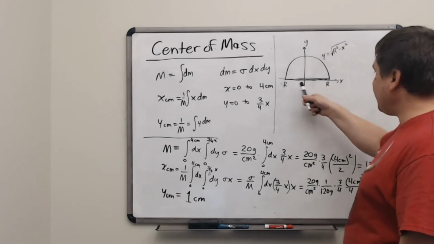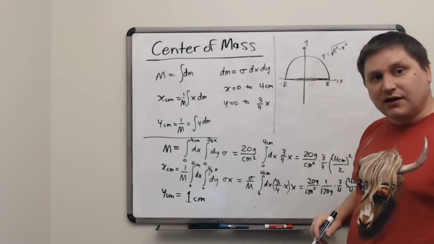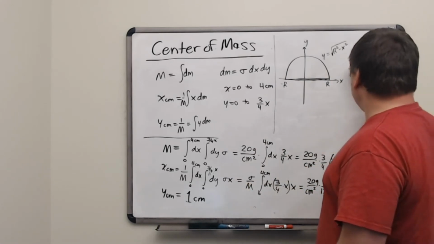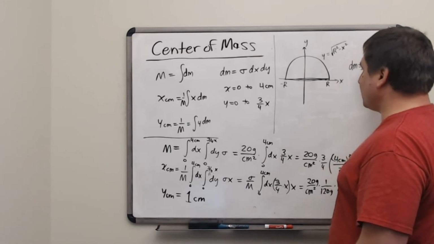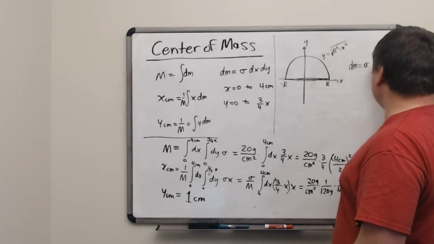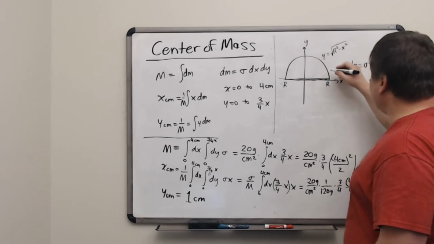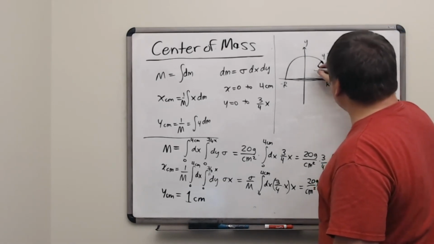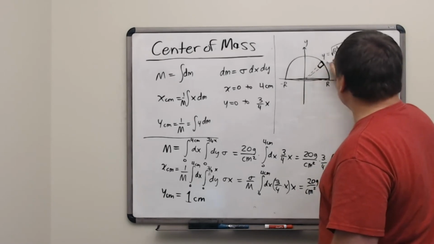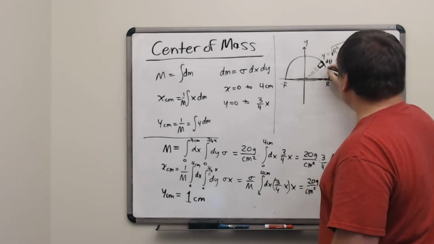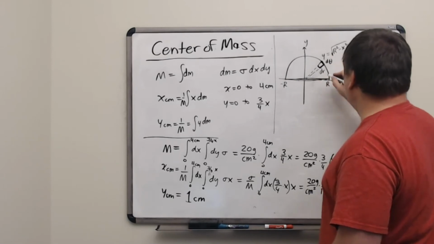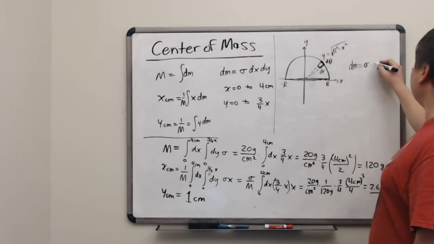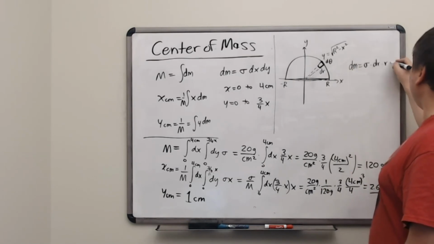But if you have a shape that is much easier to describe in terms of polar coordinates, you can set up your integration in terms of polar coordinates, where your dm would then be the density times your small bit of area, right? And for polar coordinates, if you're looking at a given increment of angle, theta, and a given increment of radial distance, dr, this will be dr times r d theta.